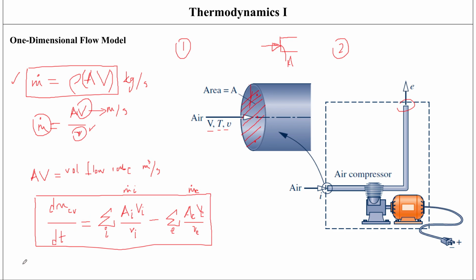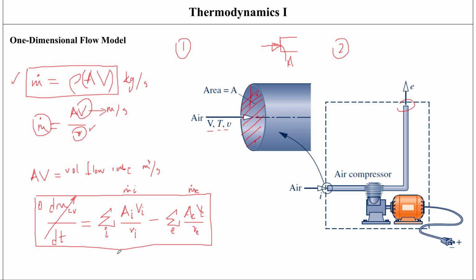So this is the general equation, and if I apply the steady state form onto it, where all properties are not changing in time, then this left hand side would go out. This would be equal to 0.